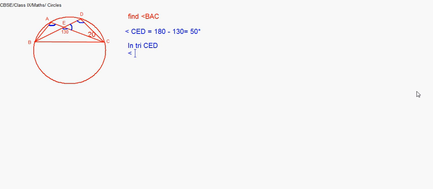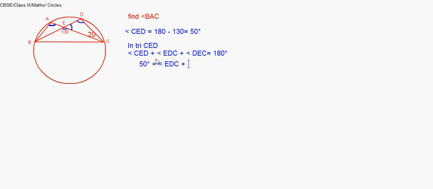Angle CED, plus angle EDC plus angle DEC, that is 180 degrees. Angle CED we calculated to be 50. EDC we will be calculating, so let it be EDC, and plus DEC.